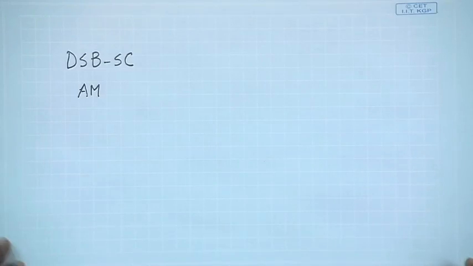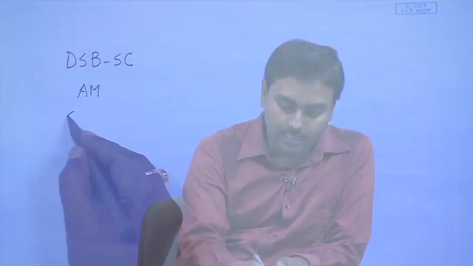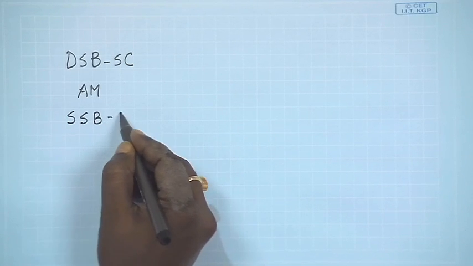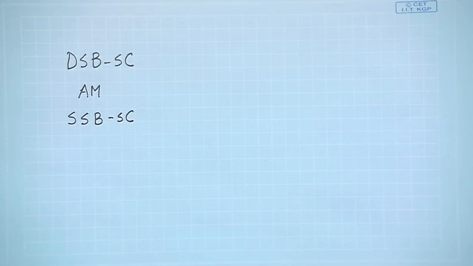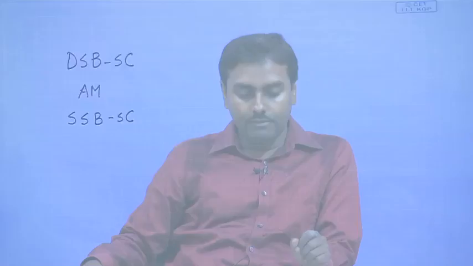And then we went towards more bandwidth efficient modulation schemes, which are single sideband, maybe suppressed carrier, maybe with carrier. So, we will see that also. Every modulation scheme that we can think of will have suppressed carrier, that means you do not add any carrier.